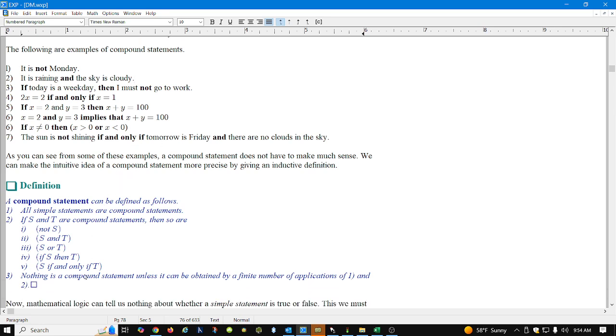Here is the formal definition of a compound statement. It's an inductive definition, and this is a perfect situation for an inductive definition. All simple statements are compound statements.